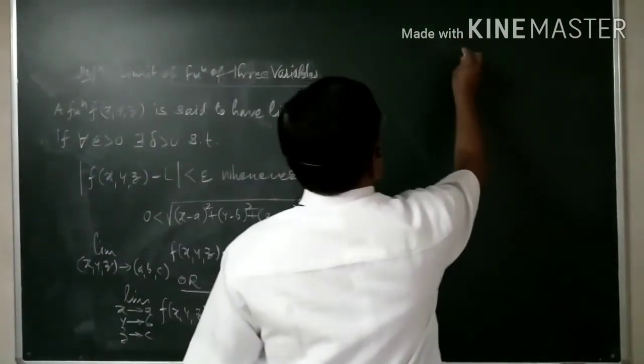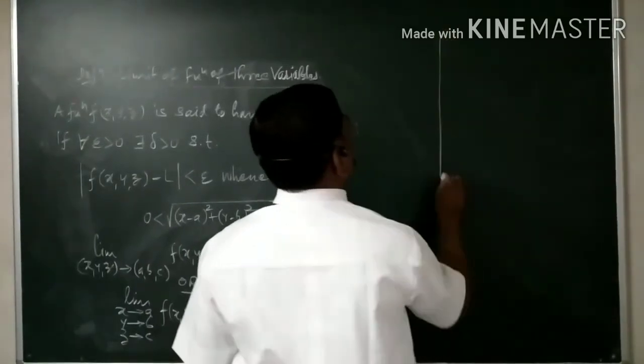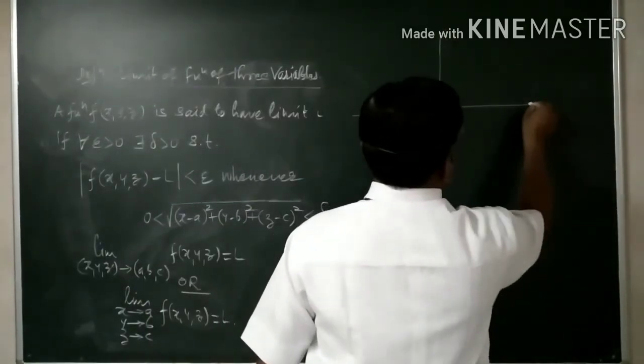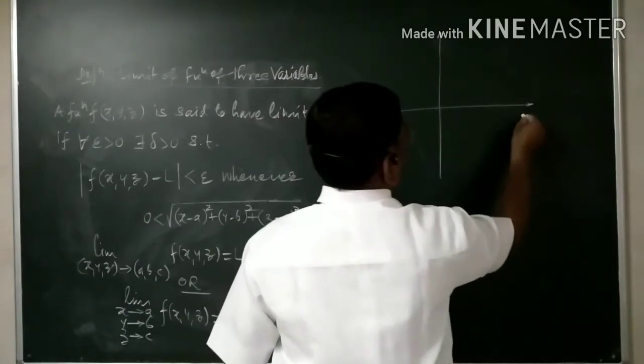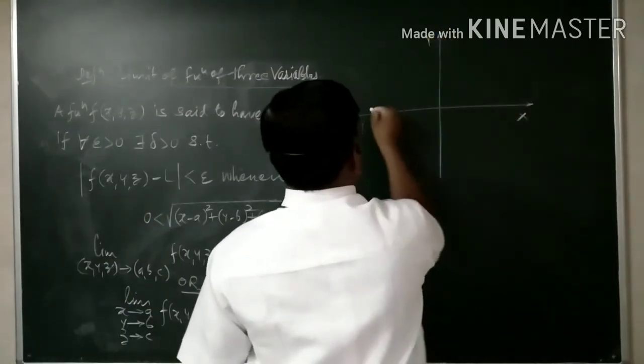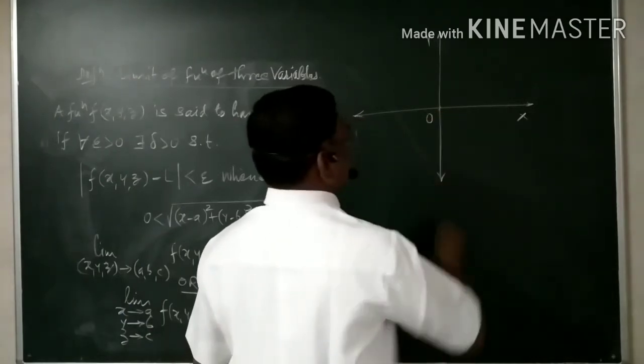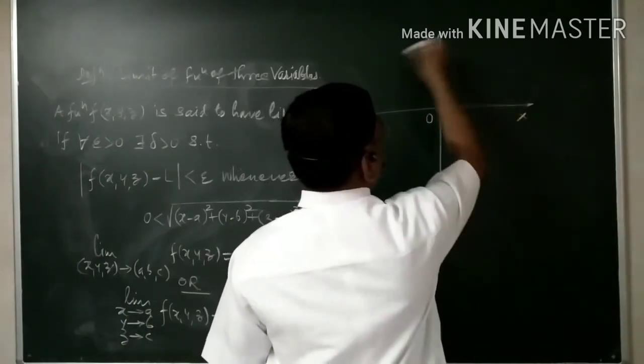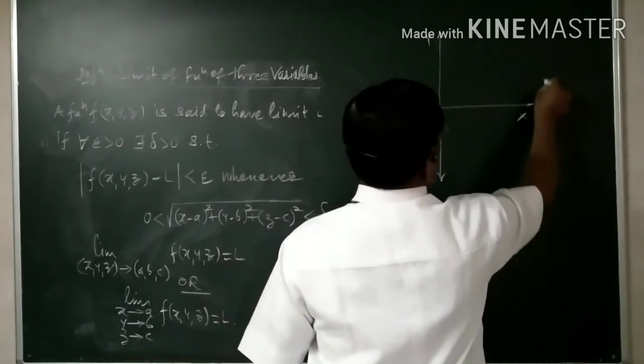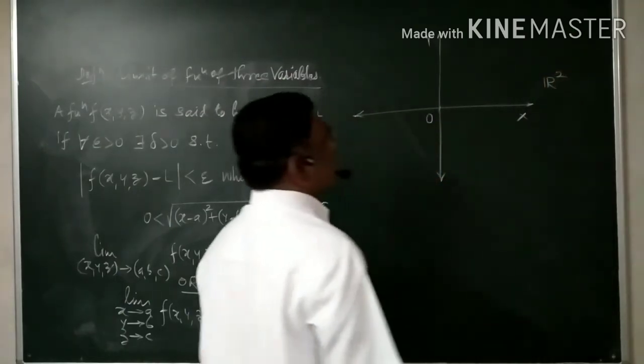Now let us have here the two-dimensional frame of reference. This is the origin. All of this is our R2.